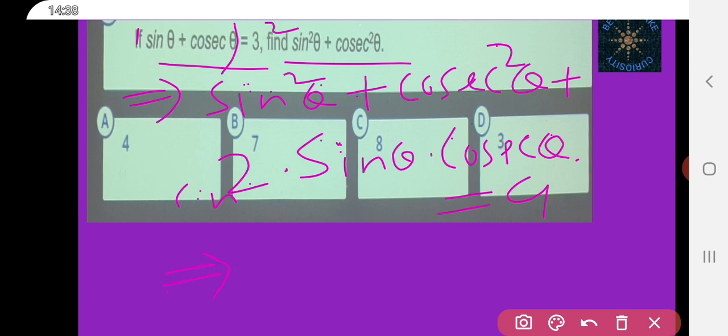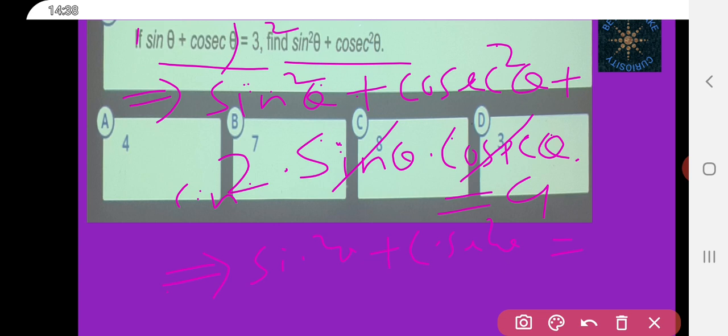So sin square theta plus cosec square theta is equal to, you know, sin theta and cosec theta are reciprocal, their product is 1, so only 2 you get.